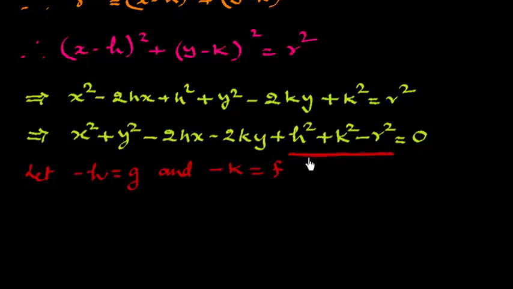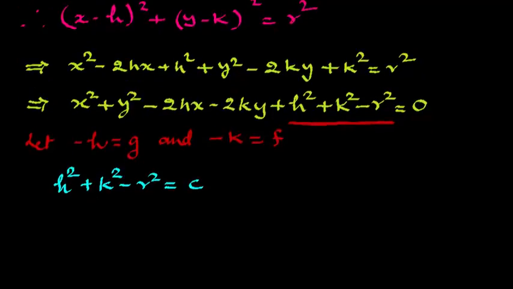Here h is a constant, which is the abscissa of the coordinates of the center, and k is also a constant, which is the ordinate of the coordinates of the center, and r is the radius, which is also a constant. So if we simplify these three constant terms, we get one constant term, which we assume is equal to c. So h square plus k square minus r square is equal to c.